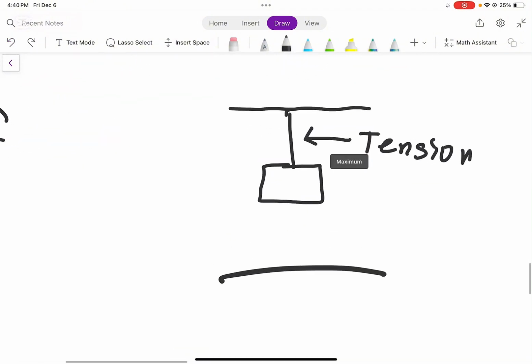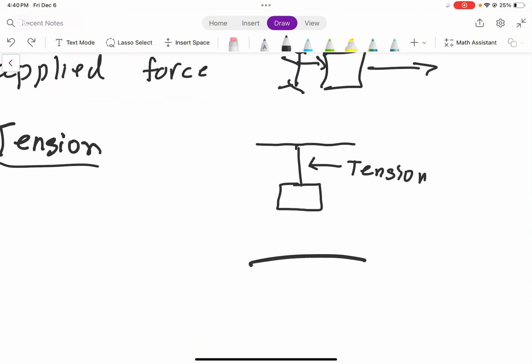But what does that mean? What it really means is that this box is putting a force on the ceiling. So it has a force up here, and the ceiling is doing a reverse force down here.